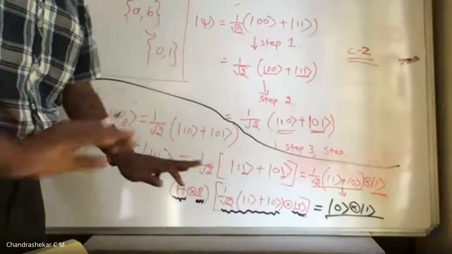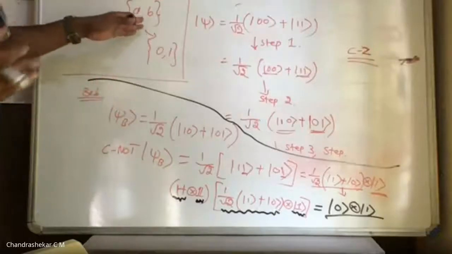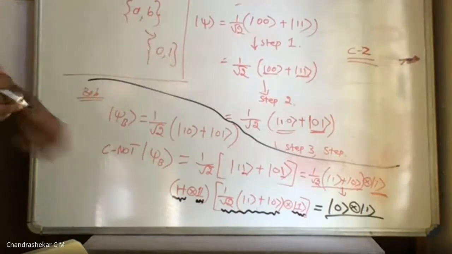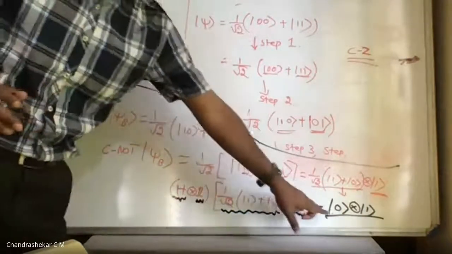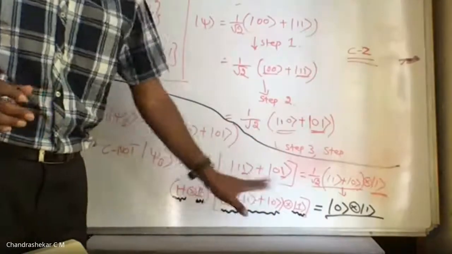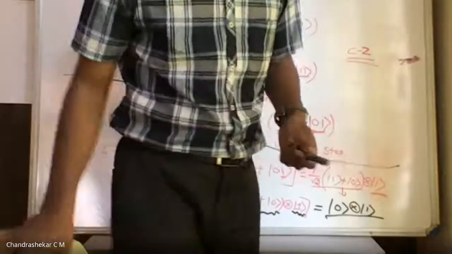This is irrespective of the state you want to send. You can send any other values, 1 1 or 0 0 or 1 0. These operations are independent of them. So he has no idea until he gets this measurement output what the state was in between. So does that make sense?